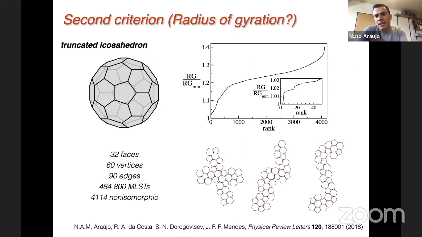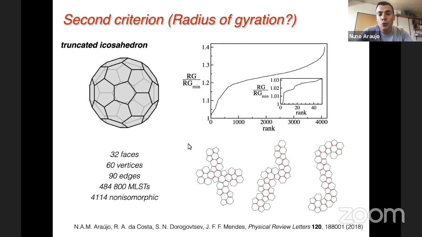And just to give you an idea of how good it is to have such a deterministic method, here I'm studying the case of the soccer ball. In the case of the soccer ball, there are about 500,000 optimal nets. But then if you look at isomorphisms in the graph, you realize that only 4,000 of them are different.